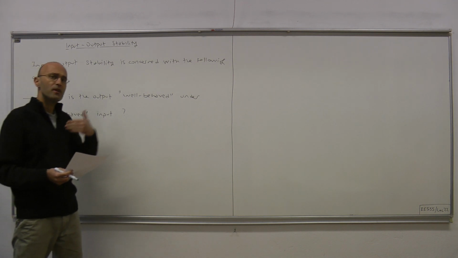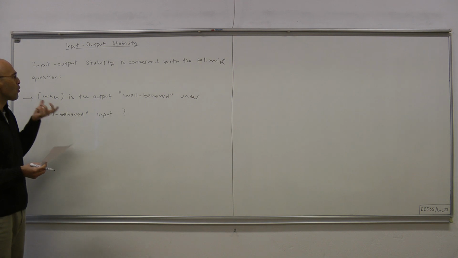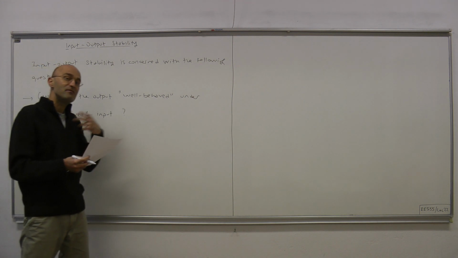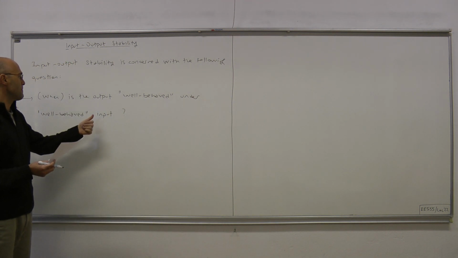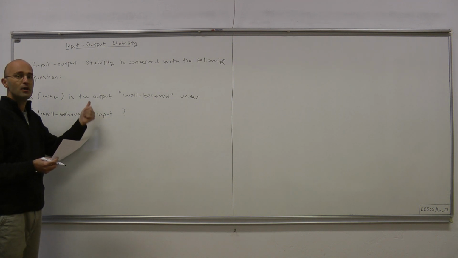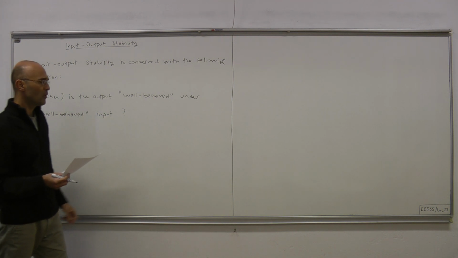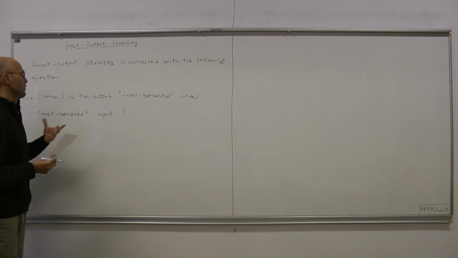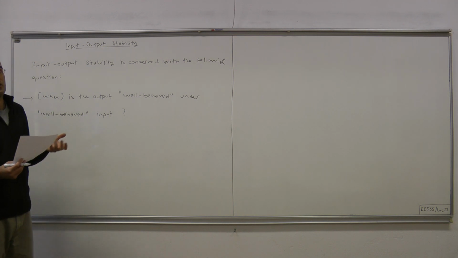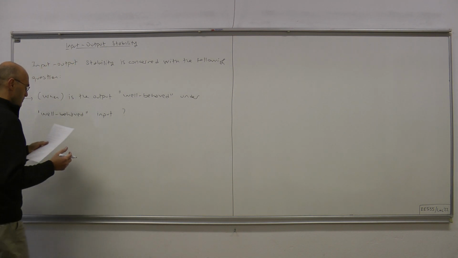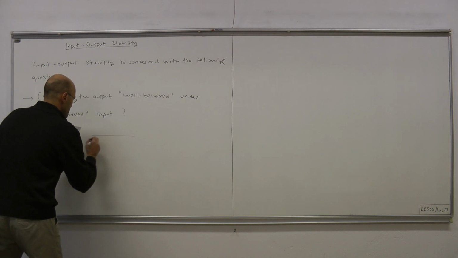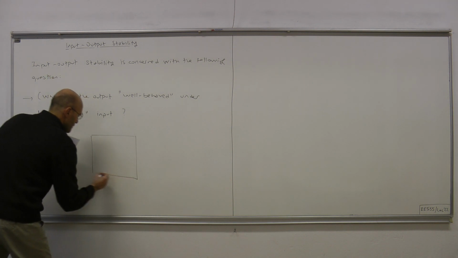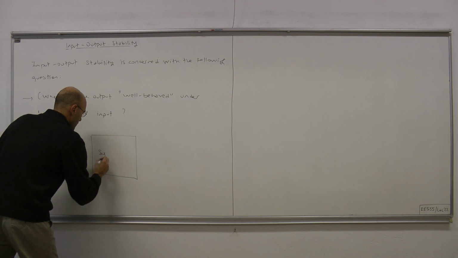And also we will go a step further, and we will try to quantify that well-behavedness, okay, or the effect of the input on the output, through some functions. Okay. So, visually speaking, suppose that this is our system.